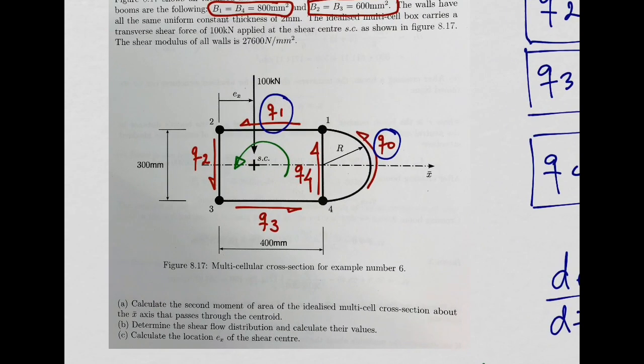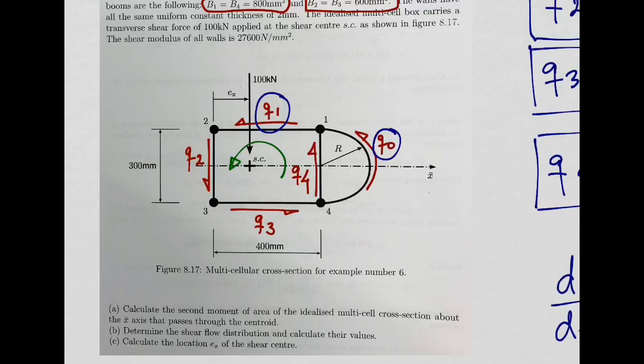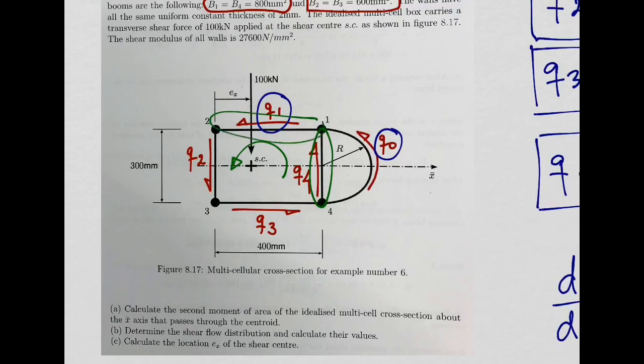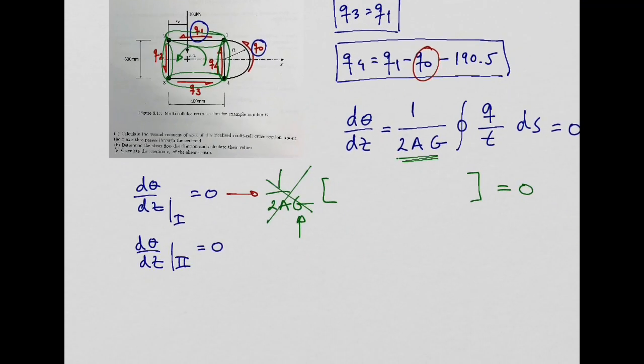But for example, if you are doing a wing where this wall is made of titanium while these 3 other walls are made of composite materials, then you cannot cancel, because the modulus of rigidity G will be different for the different walls. So careful with that. But for this example, no problem.